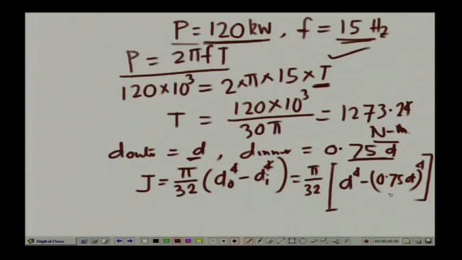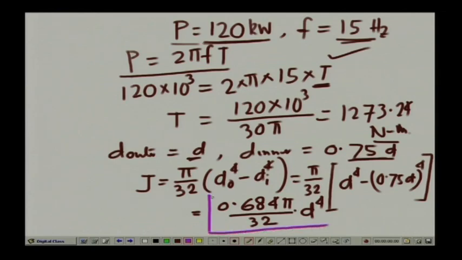Now, this gives us a value of 0.684 pi. So, this is equal to 0.684 pi by 32 times d to the power 4. This is the value of the polar moment of inertia j.